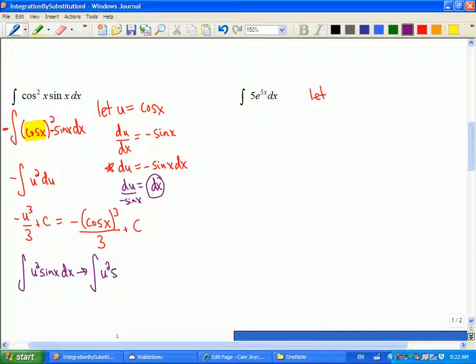So I'll have sine x du over negative sine x. And the signs would be gone. And what I'm left with is that negative like we had. So that'll be negative u squared du. So when I do it that way, I don't have to think about balancing it out. But anyway, either way is going to work. But from my experience, students tend to start doing the du, this one here, once they've practiced.